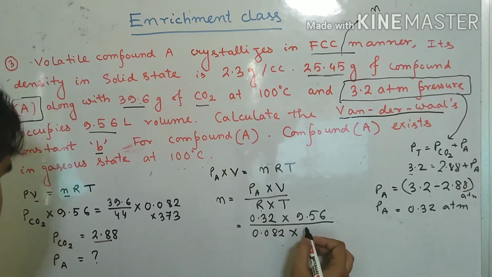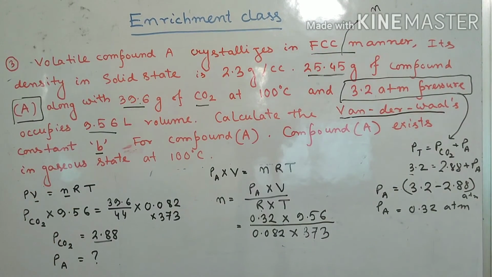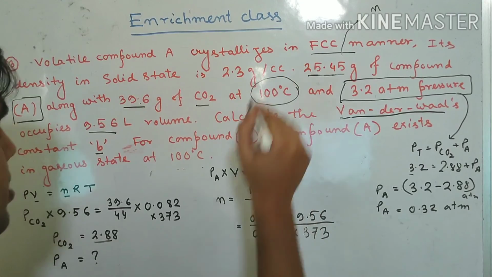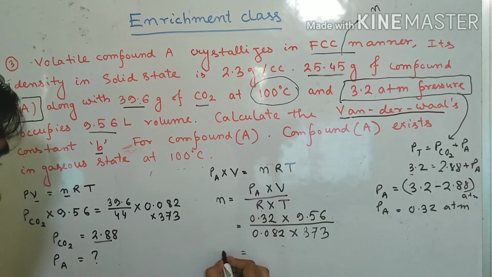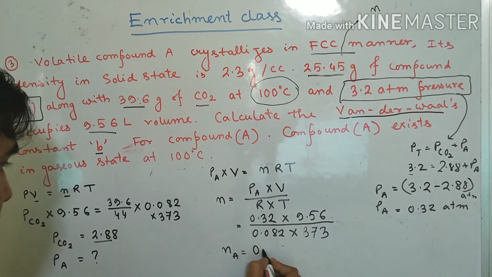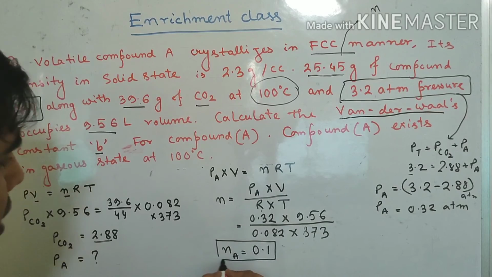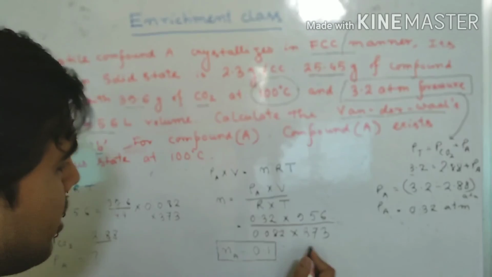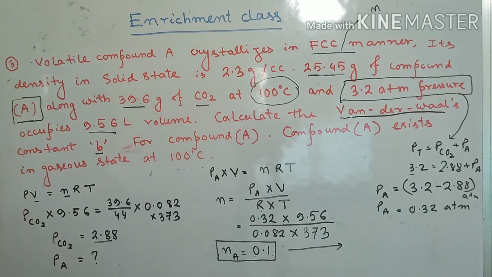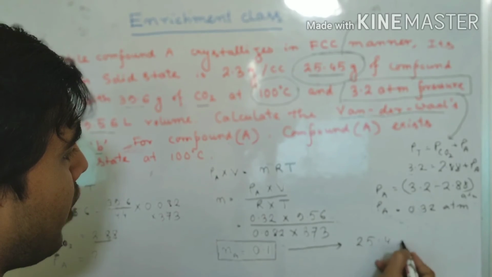So here T value should be 373, because at 100 degrees Celsius it is said. So you calculate this much, you will be getting n of A as 0.1 mole. So we are getting number of moles of A as 0.1, and if there is 0.1 mole, it is 25.45 gram.